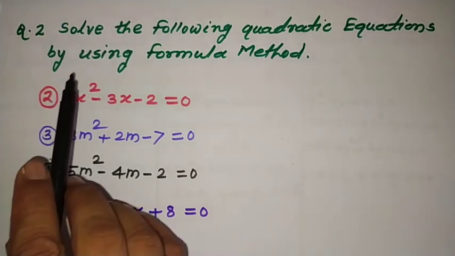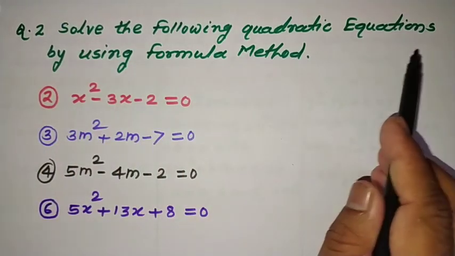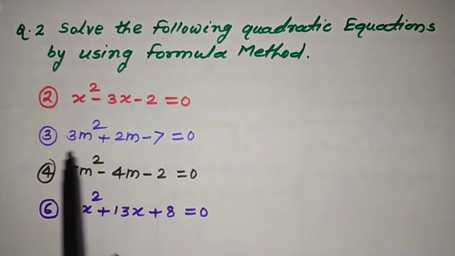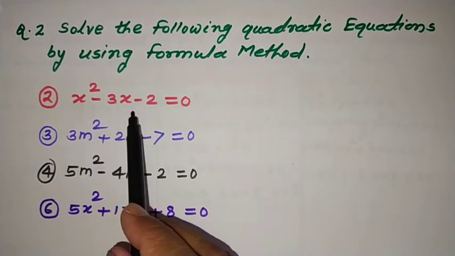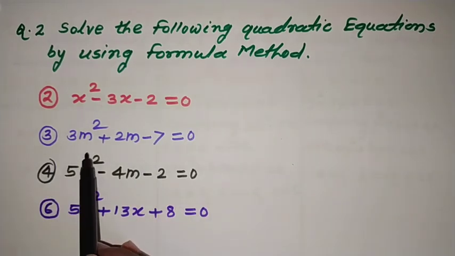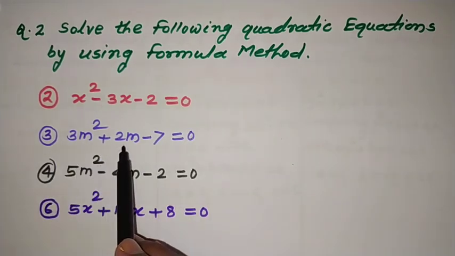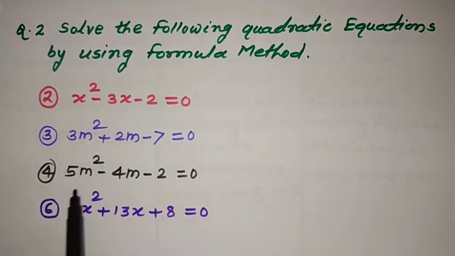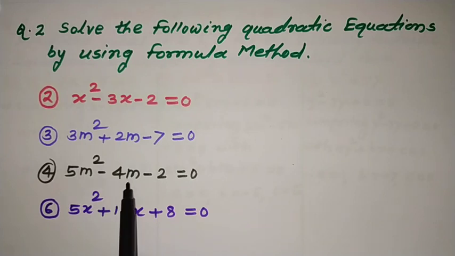Question number 2. Solve the following quadratic equations by using the formula method. Example 2, x square minus 3x minus 2 is equal to 0. Example 3, 3m square plus 2m minus 7 is equal to 0. Example 4, 5m square minus 4m minus 2 is equal to 0.